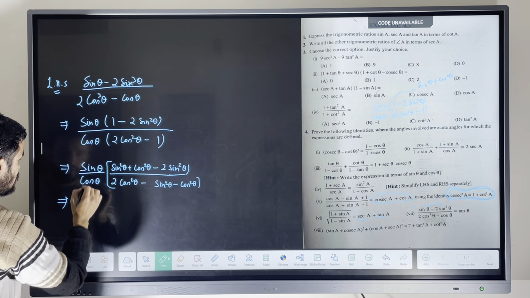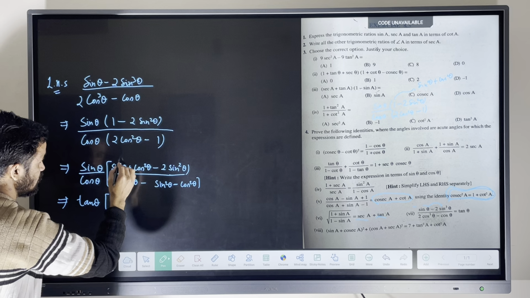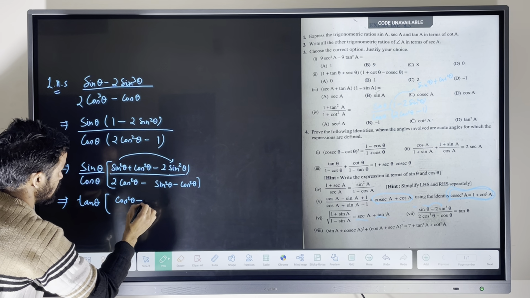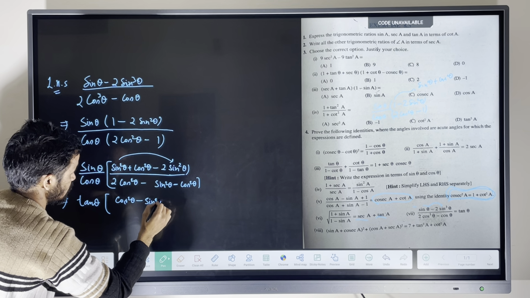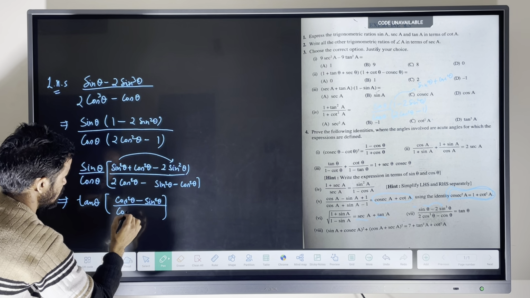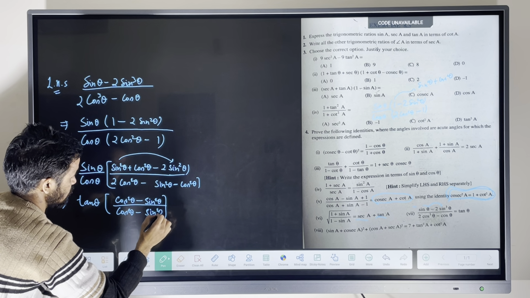So now sin theta upon cos theta is tan theta, and sin theta minus 2 sin square theta will be cos square theta minus sin square theta whole upon 2 cos square theta, it will be cos square theta minus sin square theta.